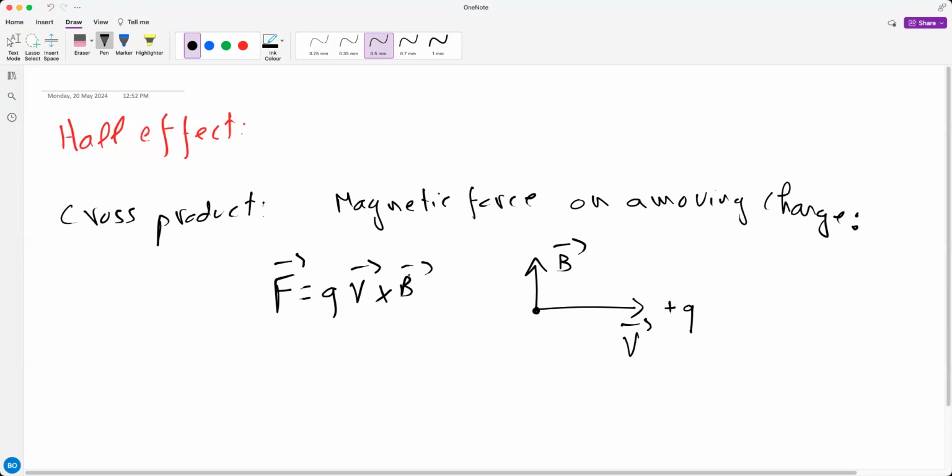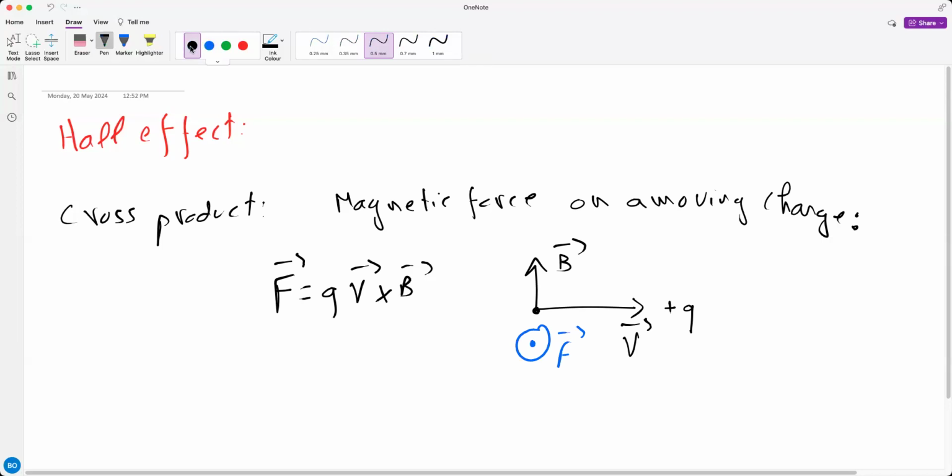Well, if you don't understand, you have to tell me. Yes, Noor, you are correct. It's out of the page. Okay, so it is out of the page. So the magnetic force will be out of the page.